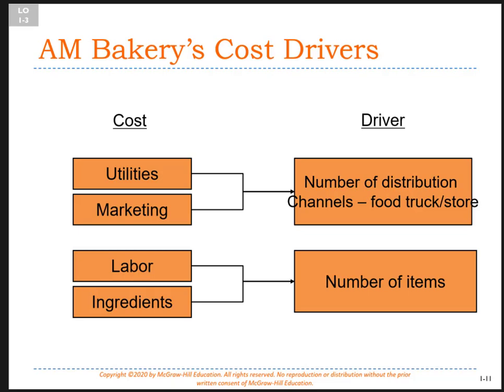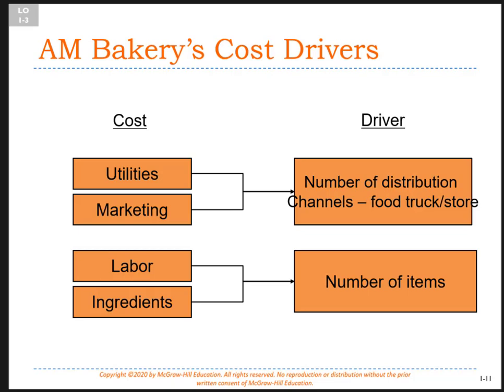Utilities, if you consider gas and other things to run the truck, there'll be additional costs there based on having another distribution channel, the food truck, or another location, if you will. You will probably need some additional costs to bring people to that food truck that you wouldn't have had if you didn't have the food truck.